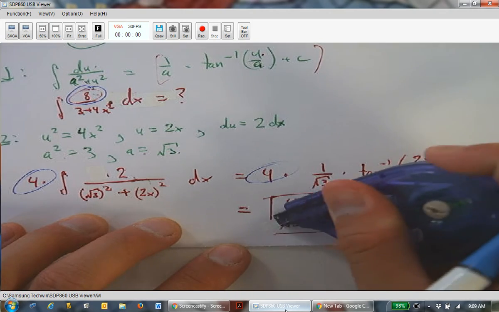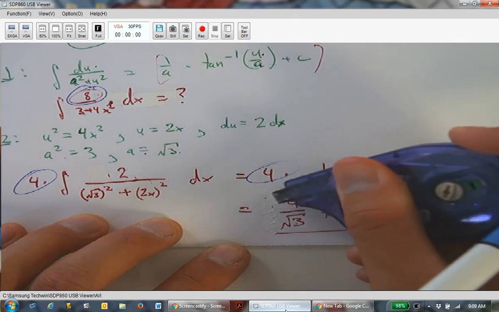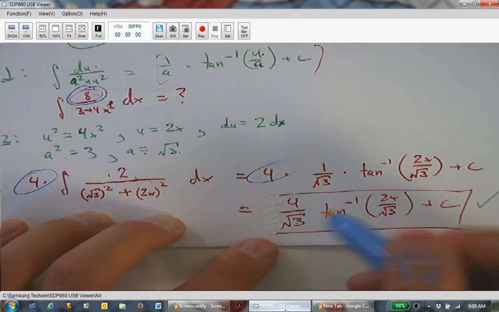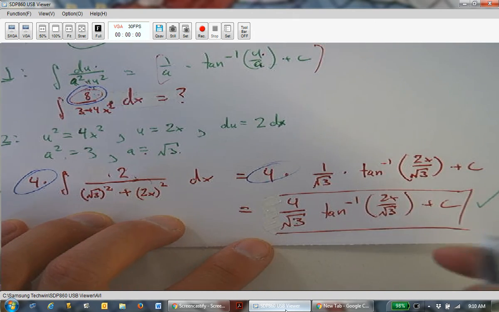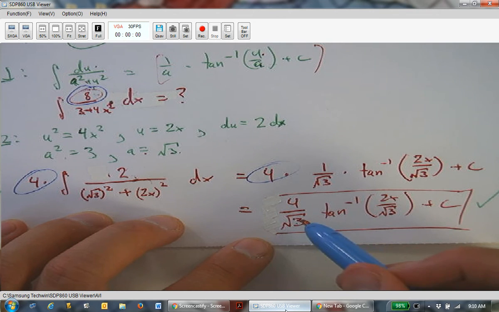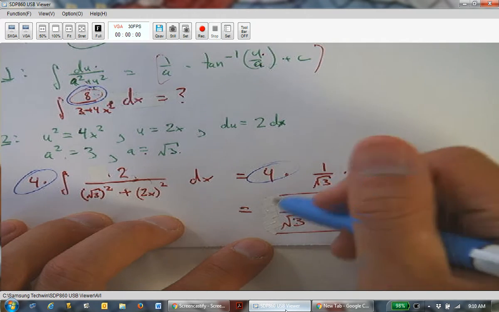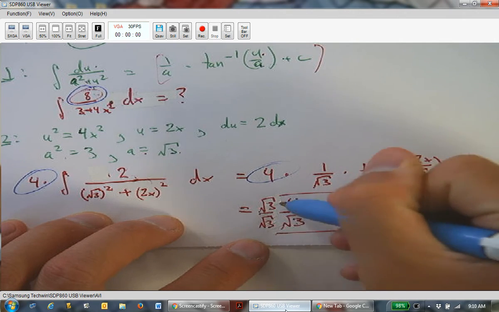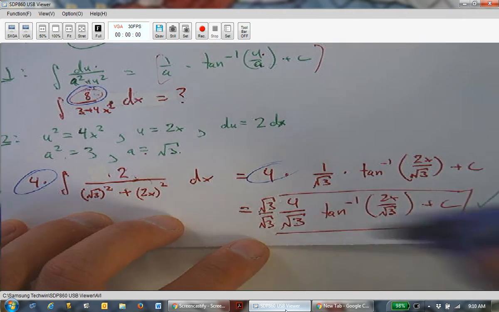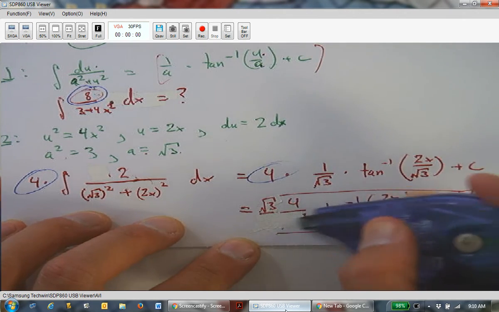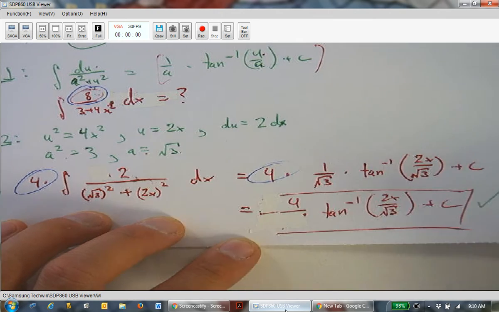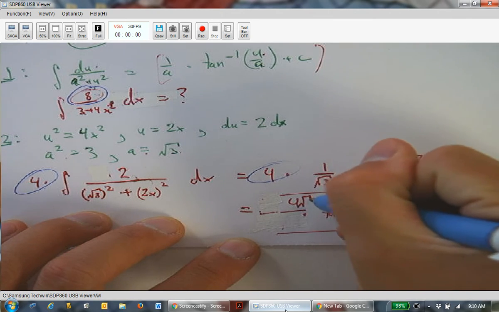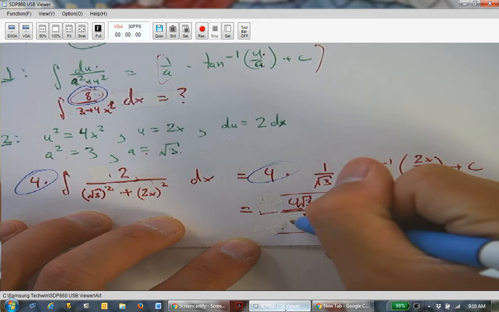However, just keep in mind that the person writing the exam or coming up with the problems might not accept that as the final answer, but will say there cannot exist a square root in the bottom. So what they're going to say is you have to multiply both the numerator and the denominator by root 3, making your actual final answer. Don't change your notes. Keep it the way they are, but you can add this if you want.